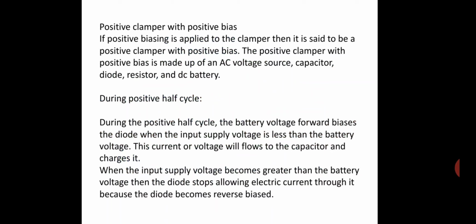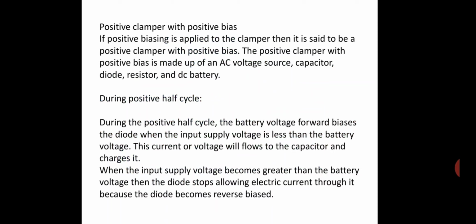In this condition the diode is forward biased, a short circuit, and the current flows to the capacitor and charges it up to a value.